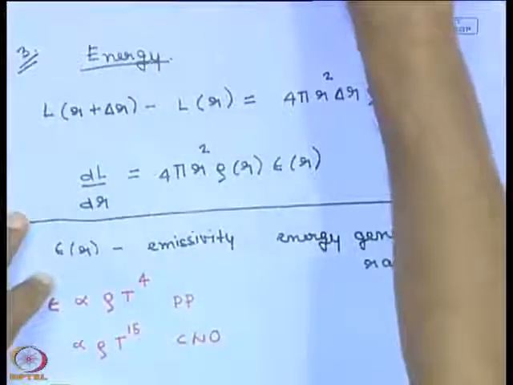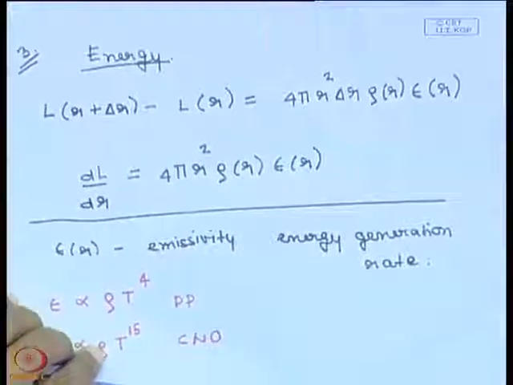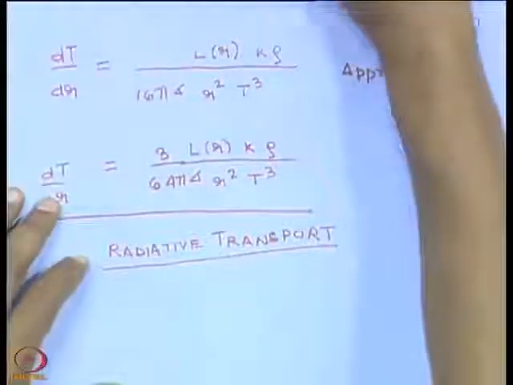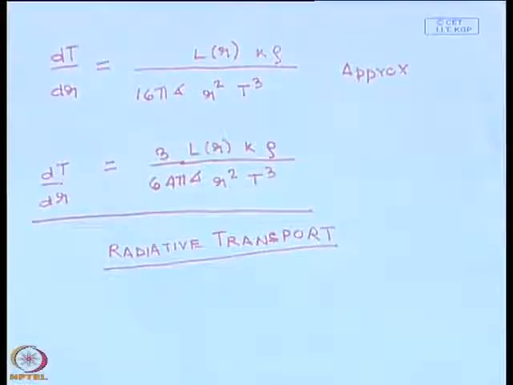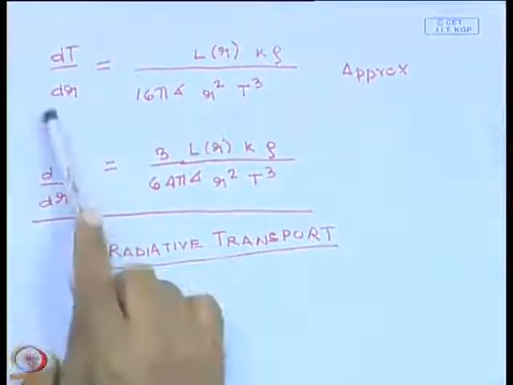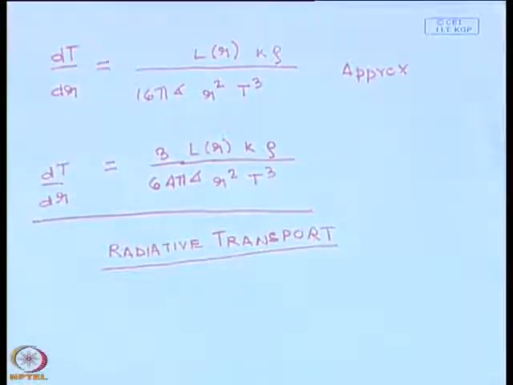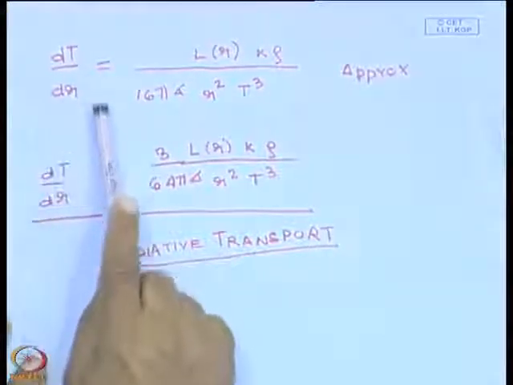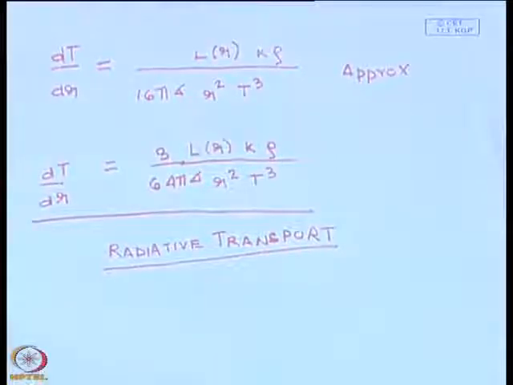The third equation tells us how the luminosity changes as we go along the radius of the star. And the fourth equation which we were discussing tells us how the temperature changes along the radius of the star. And this, we had discussed, is determined by the energy transport mechanism.